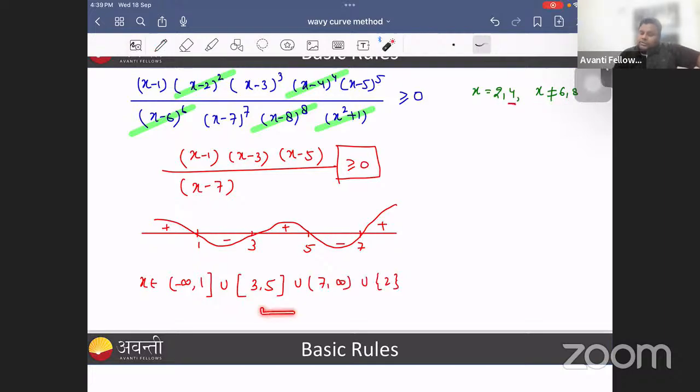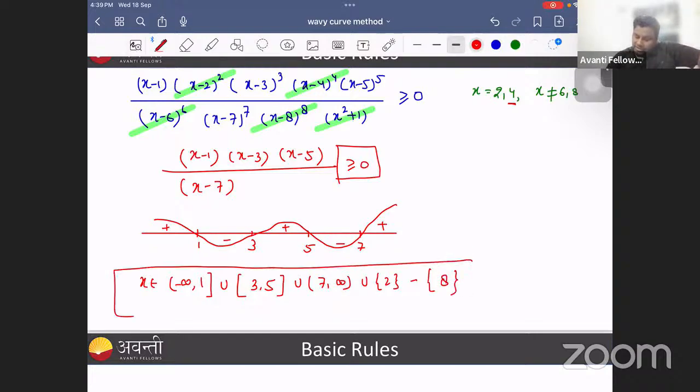6 is already excluded. After 5, you are getting directly 7. But 8 is included in this interval. So we have to delete this 8. This is the answer.